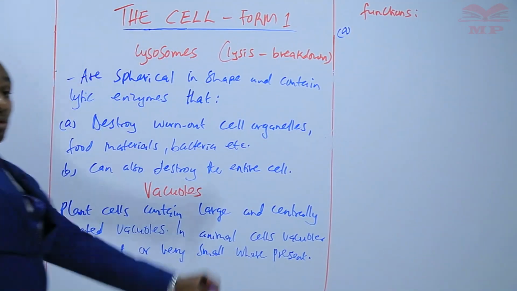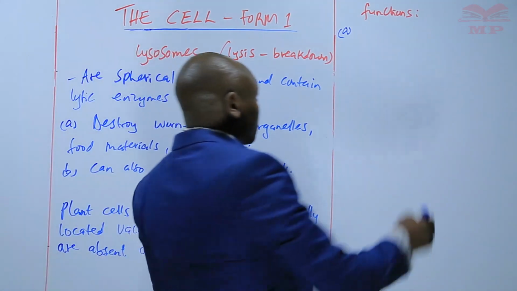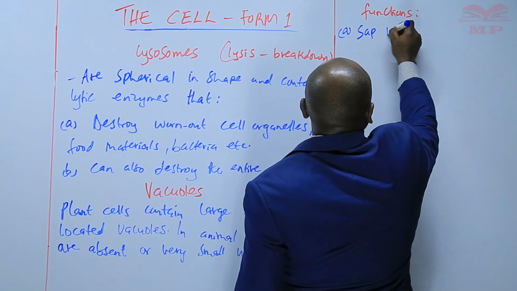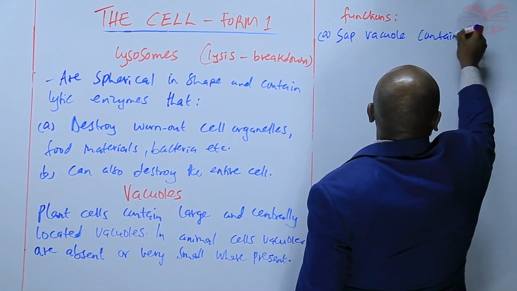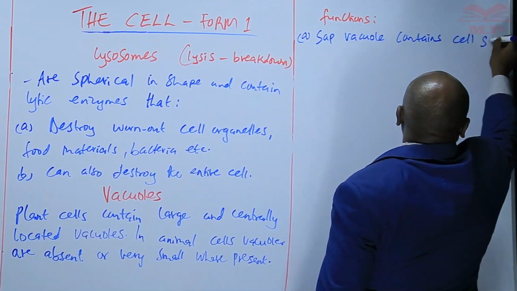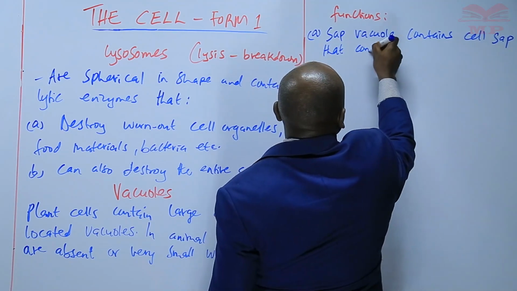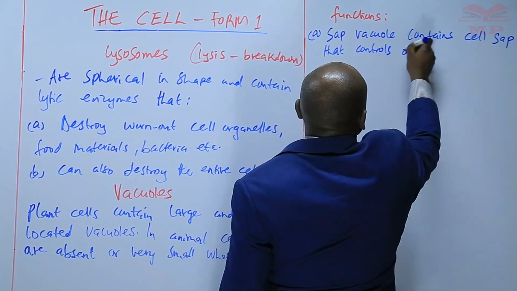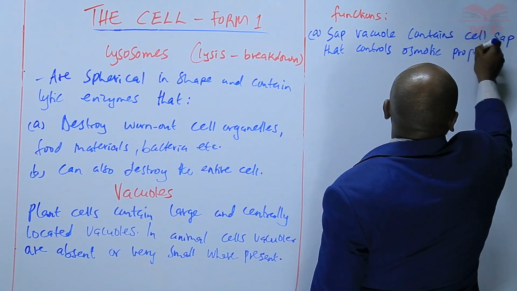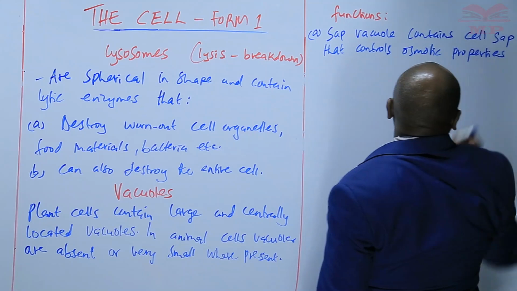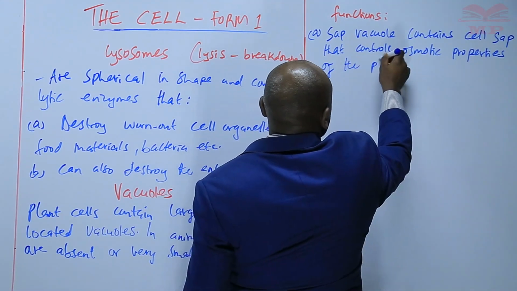We have three types of vacuoles. There's one that is called the sap vacuole, and the sap vacuole contains cell sap that controls osmotic properties of the plant cell.